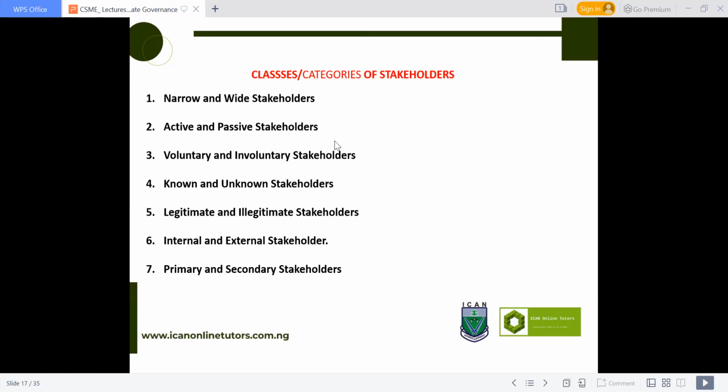Voluntary and involuntary. When we say voluntary stakeholders, from the word voluntary, it means that you become a stakeholder of that organization based on your own free will. It is someone who becomes a stakeholder voluntarily.